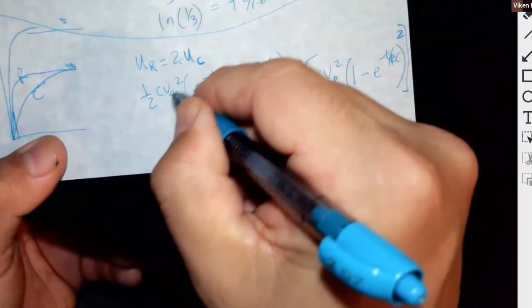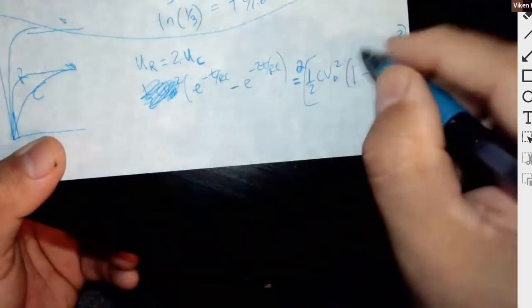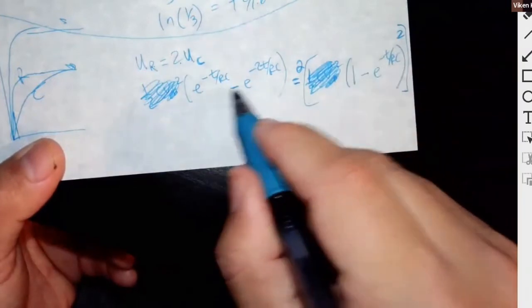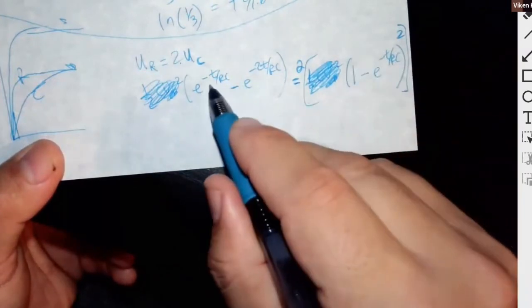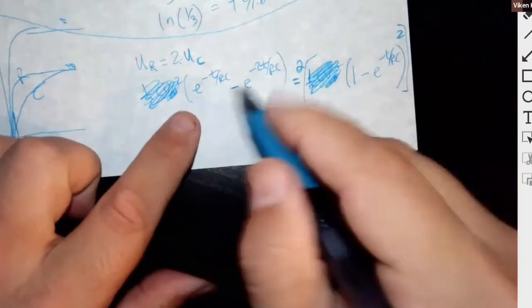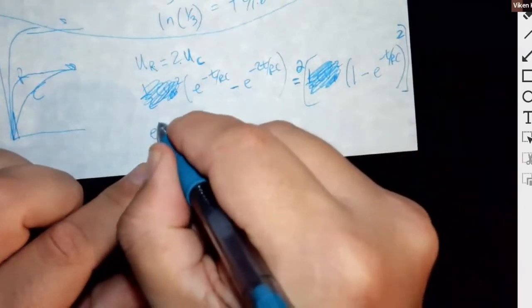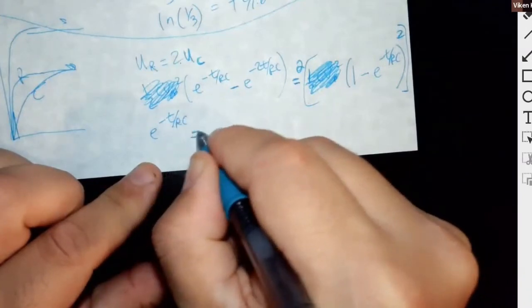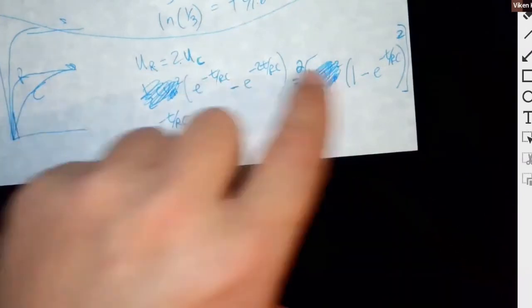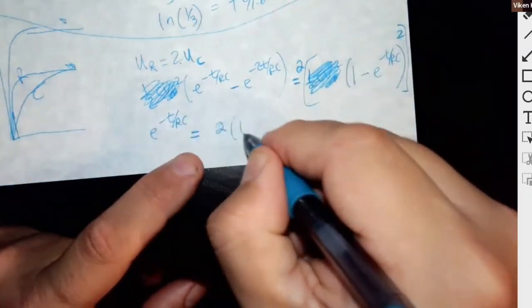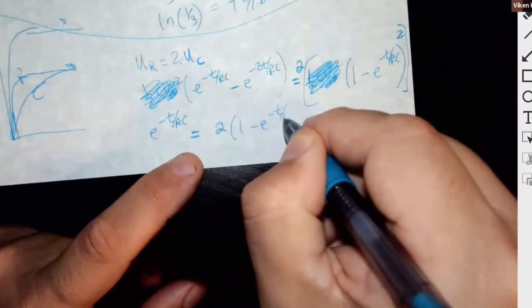Oh, I can cancel this, then factor out this, and 1 minus e to the minus will cancel one of these. So if I factor one of them, you get e to the minus t over RC is equal to, and then one of these will cancel one of these. So we'll just get 2 times 1 minus e to the minus t over RC.